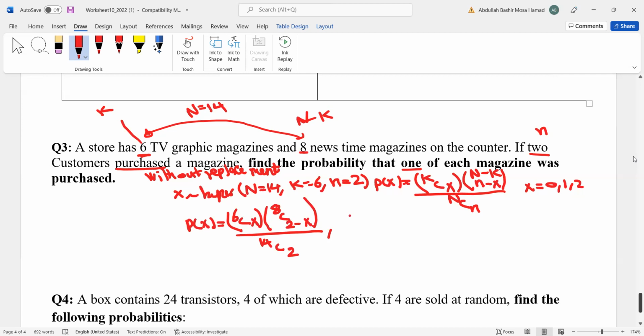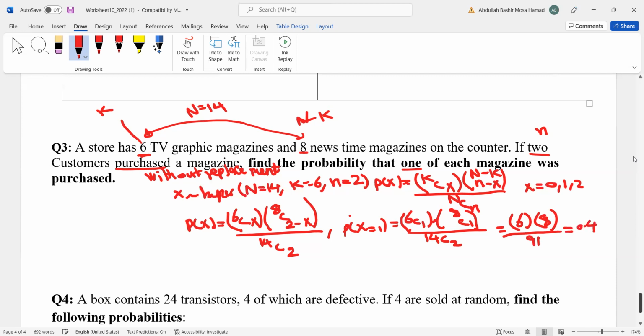So P of X equal 1 is 6 C 1 multiplied by 8 C 1 over 14 C 2. 6 C 1 is 6, 8 C 1 is 8, over 14 C 2 is 91. So it is 0.46.